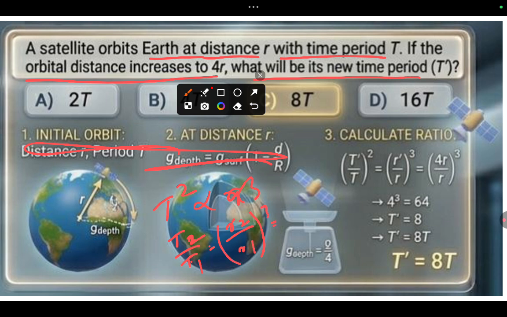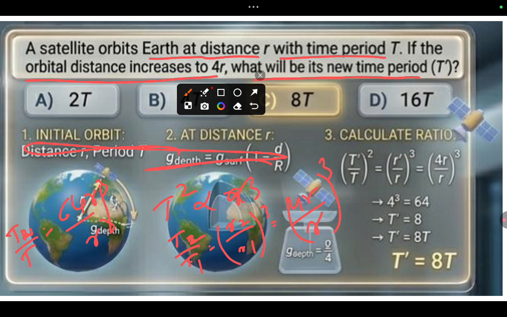So what is the new time period? Here, what is r2? r2 is 4r, since the orbital distance increases to 4r, and the initial one is r, with the first time period T. So T new equals T into 4 cubed, that is 64, by r cube, over r cube.